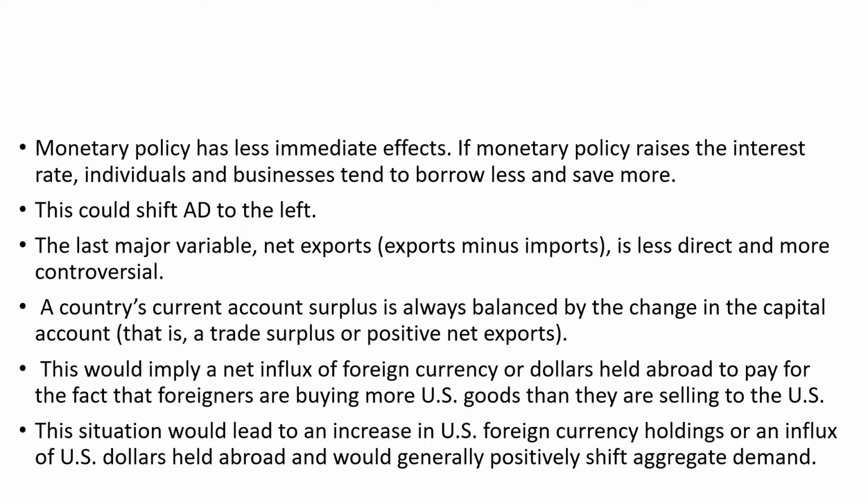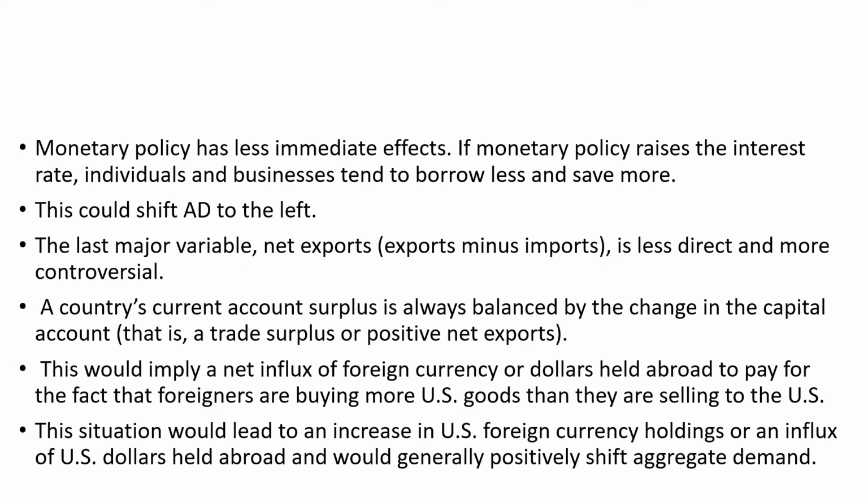A country's current account surplus is always balanced by a change in the capital account, and this would imply a net influx of foreign currency, or currency flowing to your country from abroad. So this situation will lead to an increase in foreign currency holdings, or an influx of US dollars. Just take the example of US dollars. That doesn't mean that only the US dollar is coming to your country.